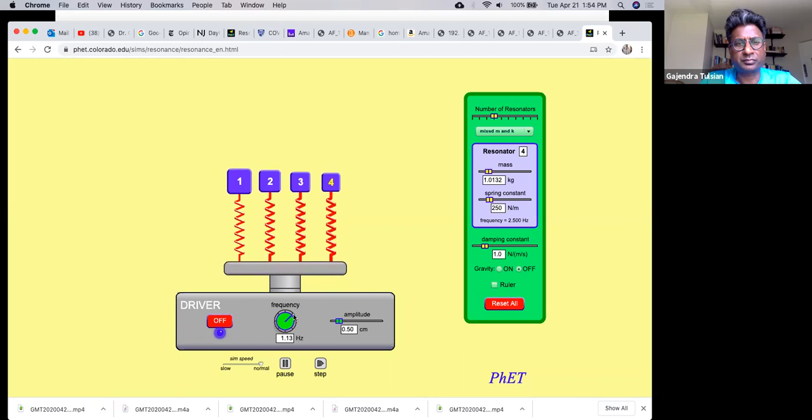Now let's go towards 1.5. Again 1.3, nothing drastic is happening. So imagine this is an earthquake, and the earthquake frequency is not matching the natural frequency of any of the buildings, and nothing drastic happens. None of them will collapse.